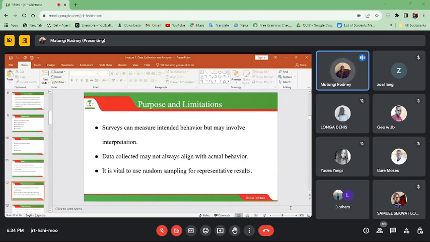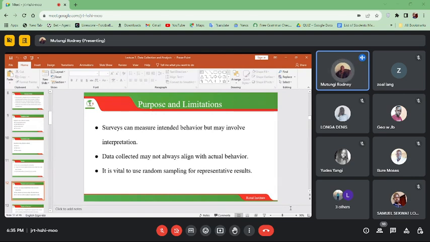The purpose and limitations of surveys is that they can measure intended behavior but involve interpretation. One of the challenges with the data collected is that it might not align with the actual behavior, because remember, you are collecting it as a snapshot, at that particular time.